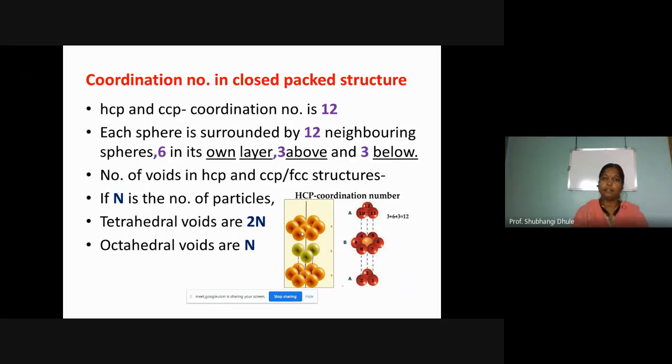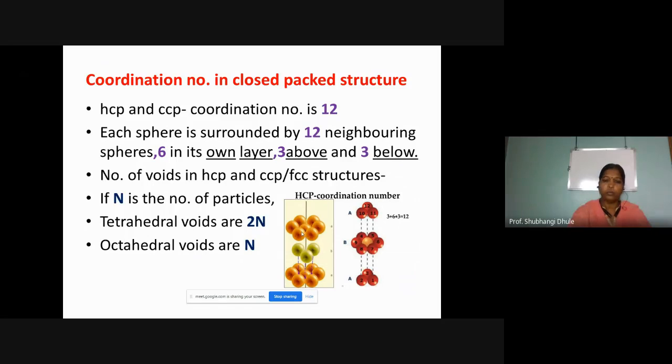Or we can say that more voids are present in the unit cell, or there is empty space in the unit cell. So efficiency will decide how closely, how compactly the given unit cell is filled with the spheres.